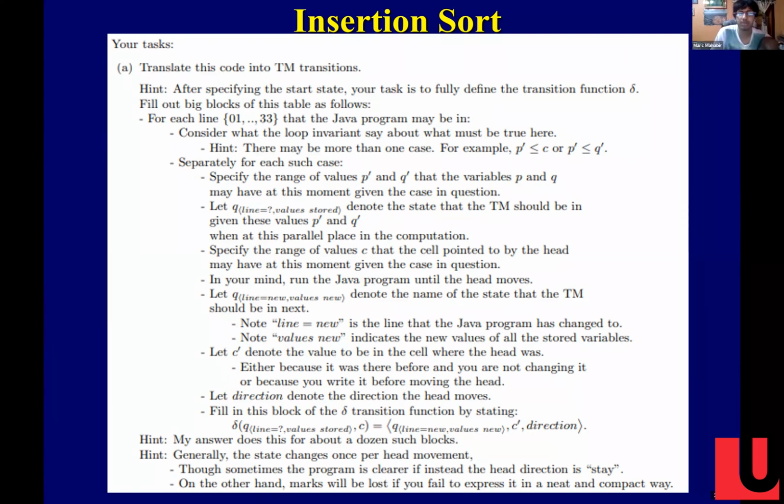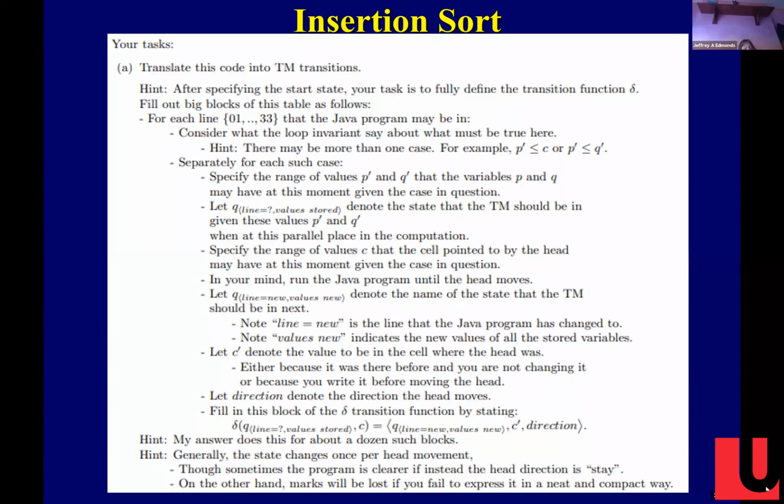So for example, let's say we're at the end of a loop, right? And we reach the end of a loop, but the head hasn't moved. When we return to the top of the loop, what line are you on? I'm about to execute the top of the loop. And if the head doesn't move, how would you represent that in the change of states, for example?